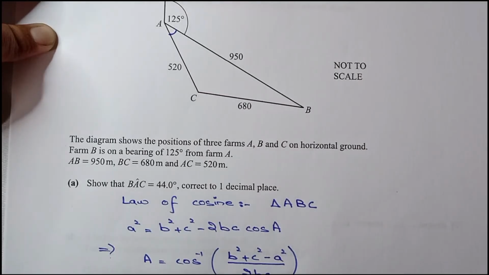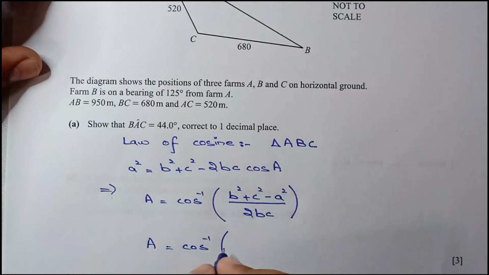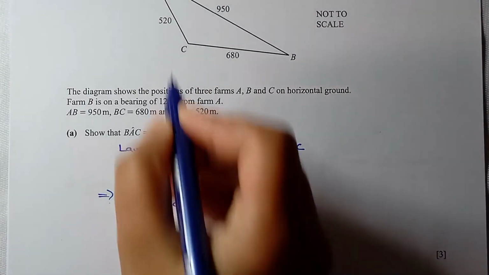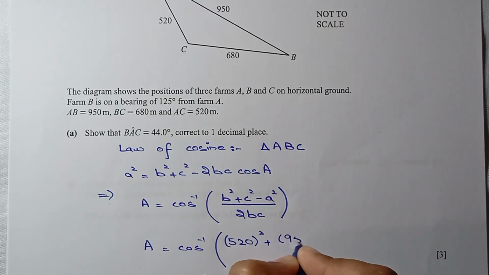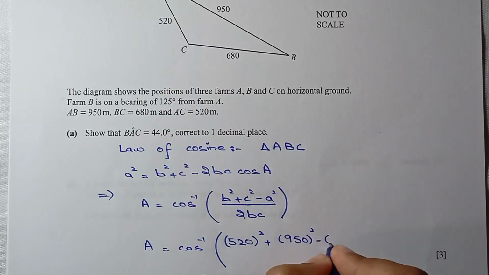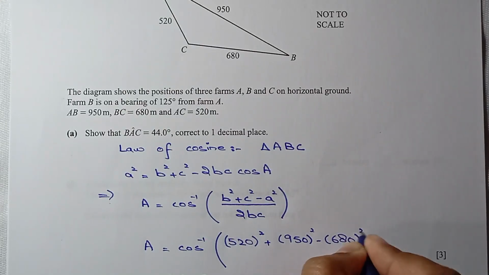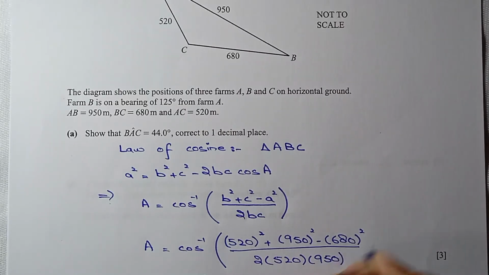So b is 520, so we have 520 whole square, c is 950, so plus 950 whole square, minus the value of a, 680 whole square, divided by 2 times b, that is 520, times c, that is 950.